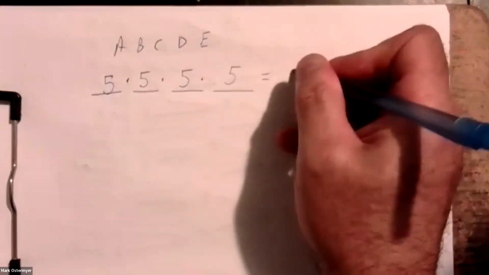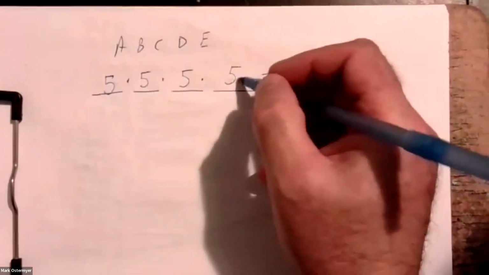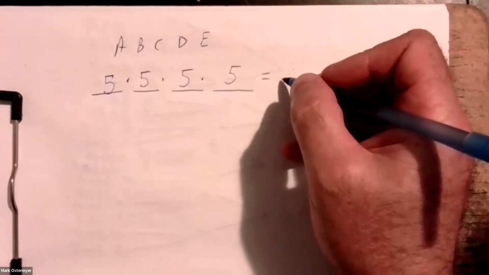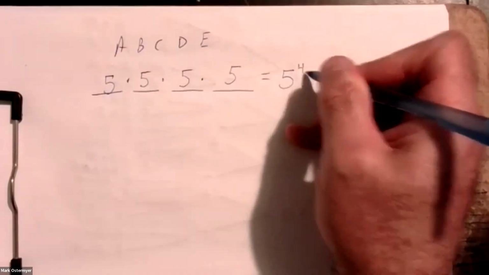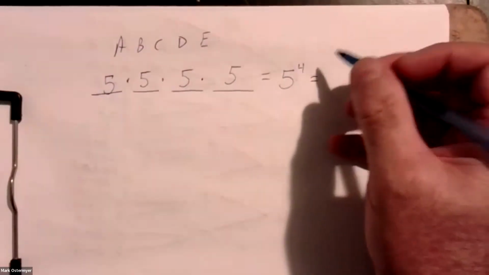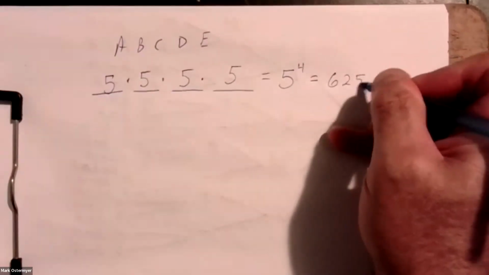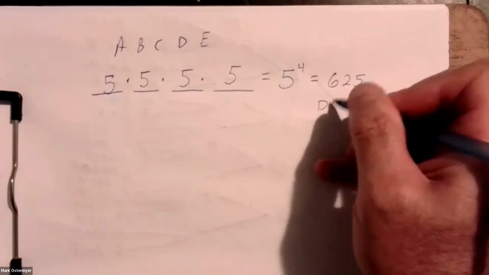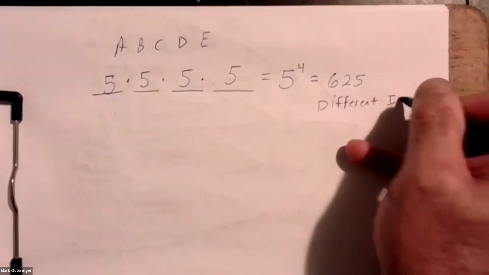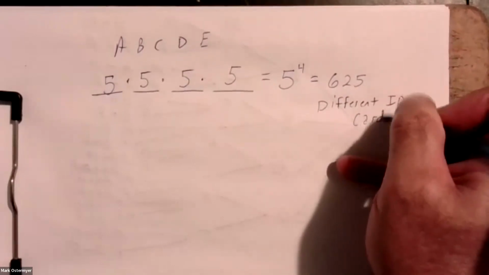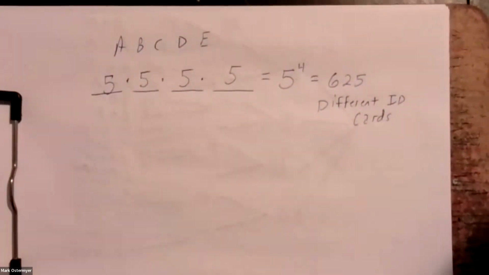So there's going to be 5 times 5 times 5 times 5 number of different 4-letter ID cards if repeats are allowed, or that's 5 to the 4th power. Or that's going to be 625 different ID cards that are possible there.